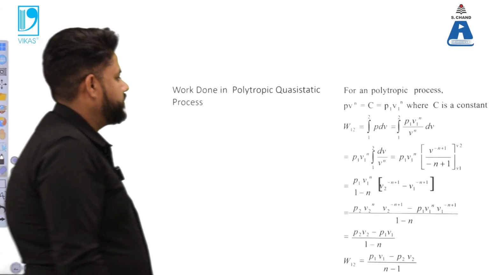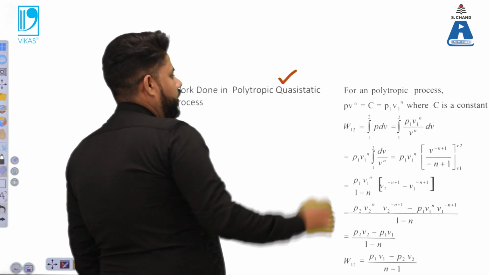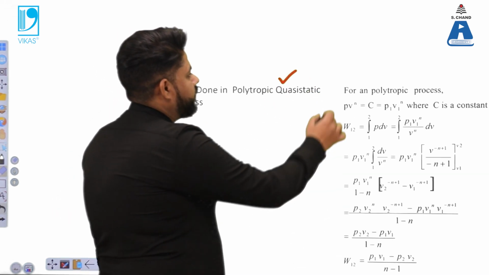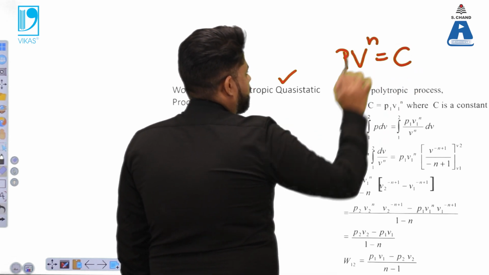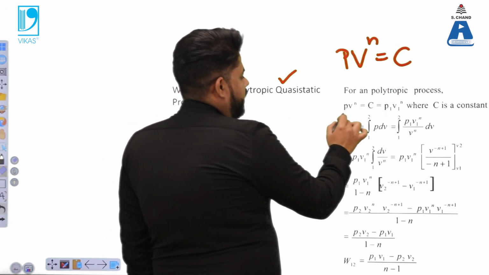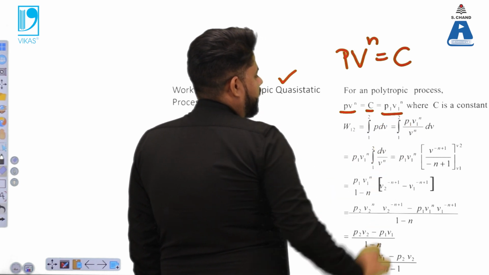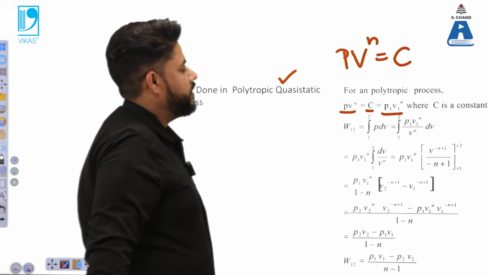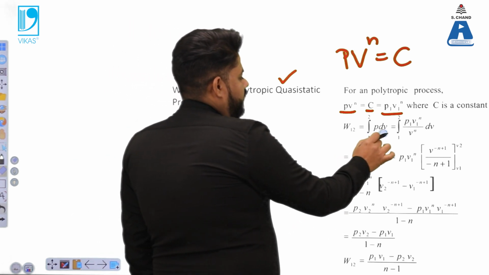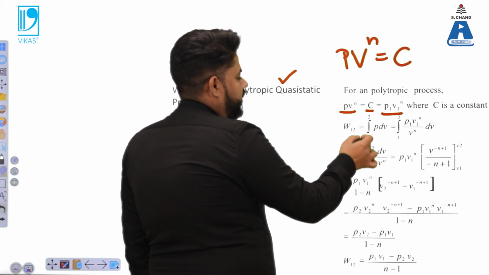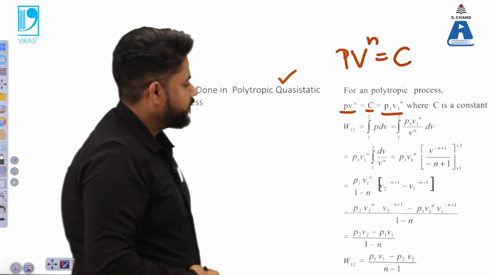But if it is a polytropic process, stated as PV raised to the power n equals constant, that can be written in terms of P1V1 raised to the power n also. So work done is equal to the integral of PdV from 1 to 2.